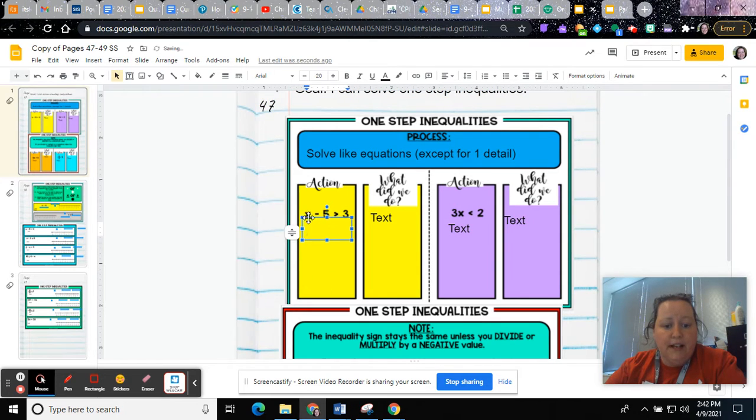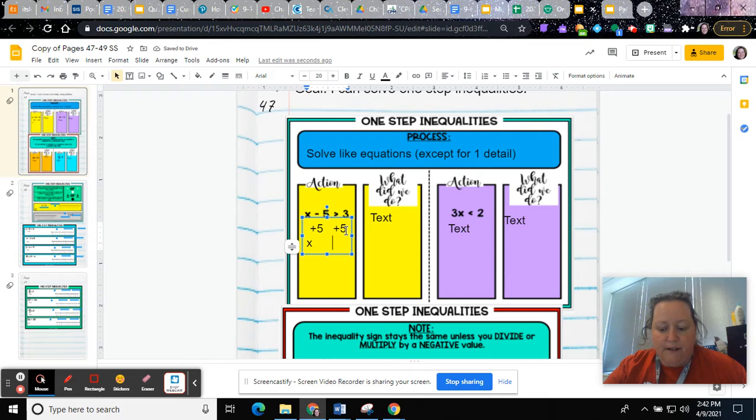Your goal will still be to get x by itself. So since it says minus 5, you are going to want to add 5 to both sides. Okay, so you add 5 to both sides. When you do that, you're left with x, and then you have the same sign. This is the greater than sign.